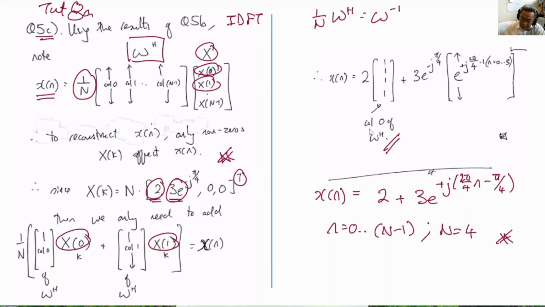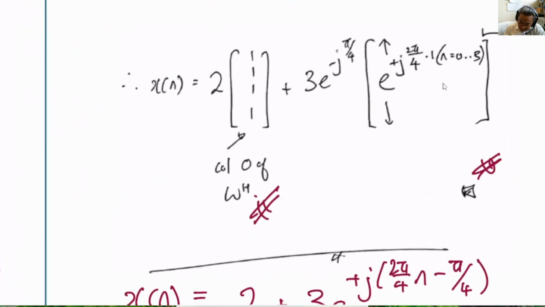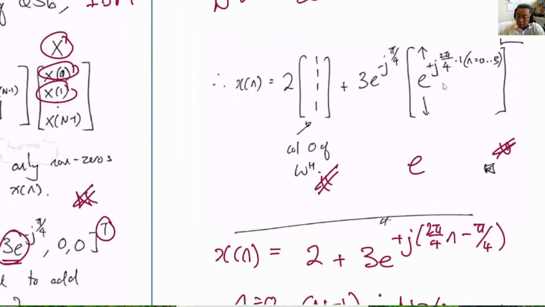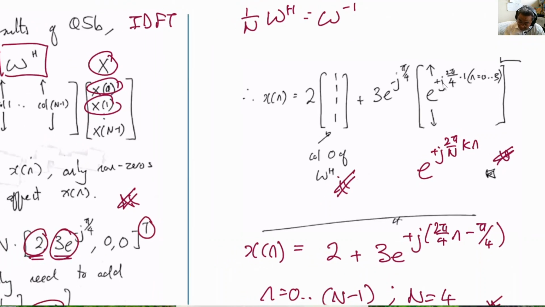So this is column 0, all ones, and column 1, the elements are e^(+j2πkn/N). And k is 1 because we are in column 1, and n is going to vary from 0 to N-1.